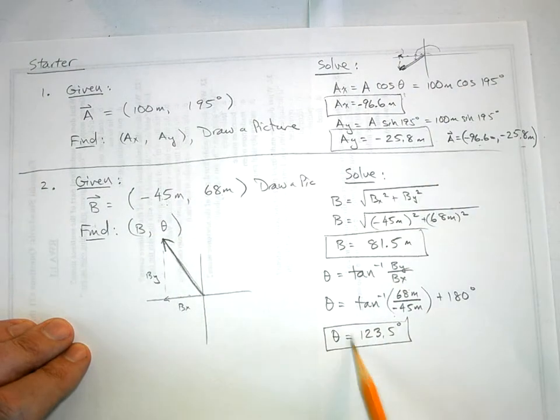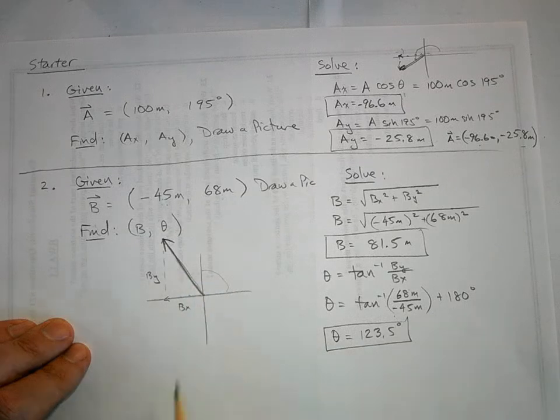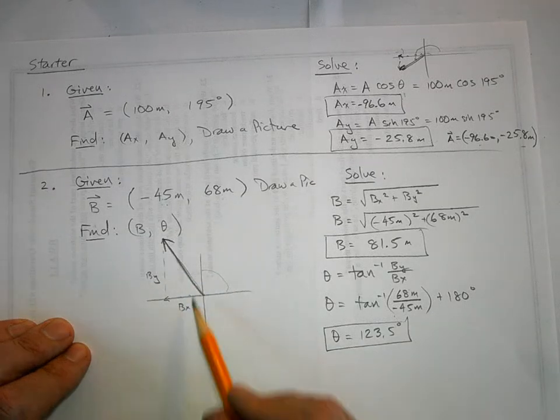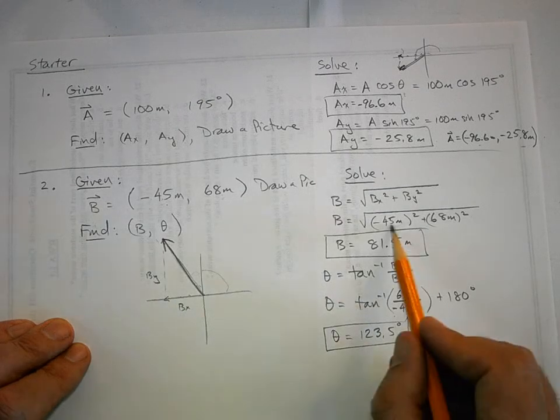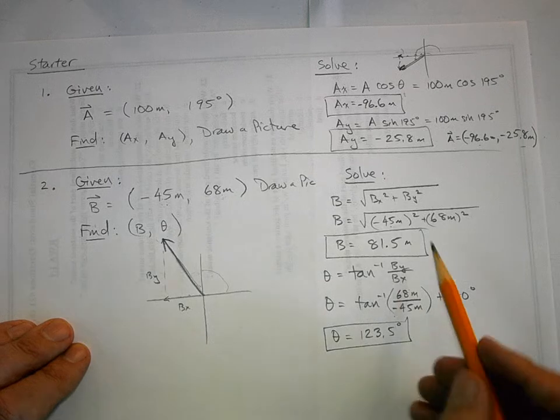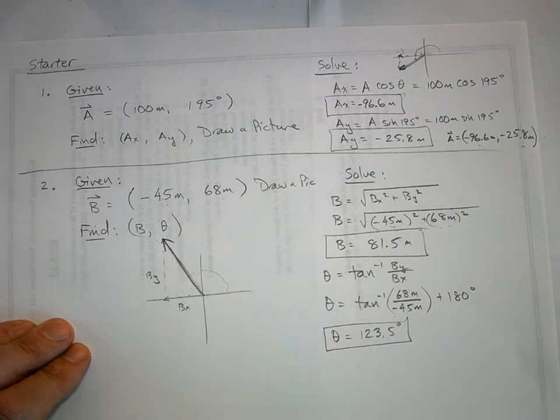Does that make sense? Here's 90, 90 plus, yeah, that's about right. And the magnitude looks correct as well. It's going to be bigger than either of these, and since these are pretty close, this is going to be significantly bigger than this.